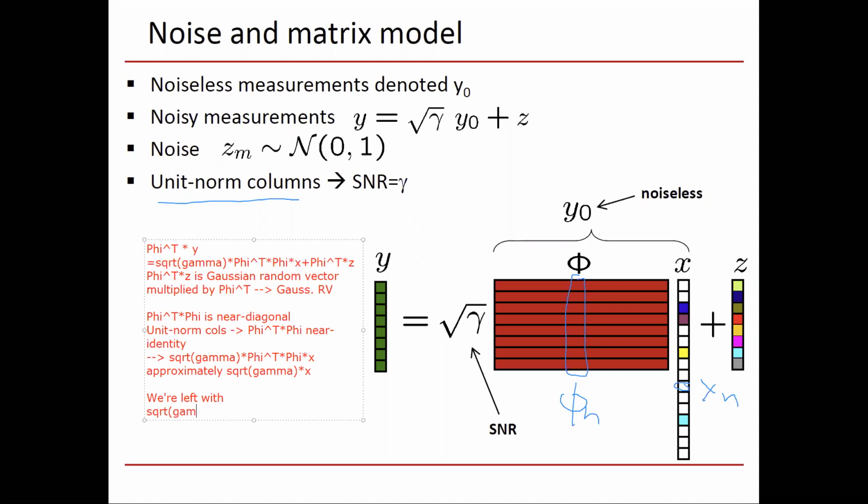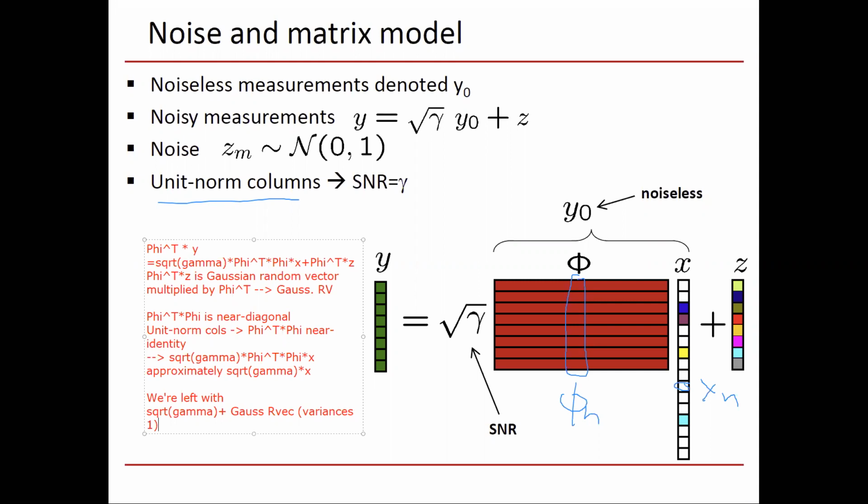So we're left with square root of gamma times x plus, it turns out that the other term, phi transpose times z, because phi has, again, unit norm columns, it turns out that we'll have a Gaussian random vector, and the variances are 1. Each of the elements in this Gaussian random noise vector is going to have variance 1.